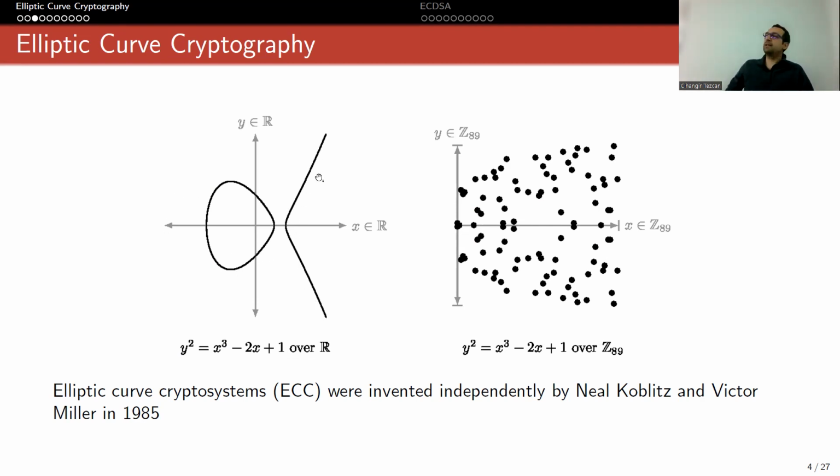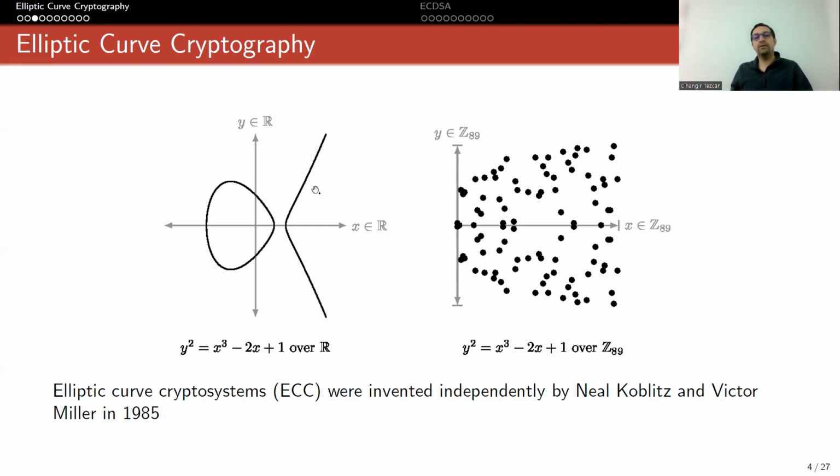But there are infinitely many points on this curve. When we talk about groups or fields, we always focus on finite groups or finite fields, because I'm going to work on real world data. So I need finitely many points, not infinitely many points. So what I do is that I consider it over Z_89, for instance, in this example.